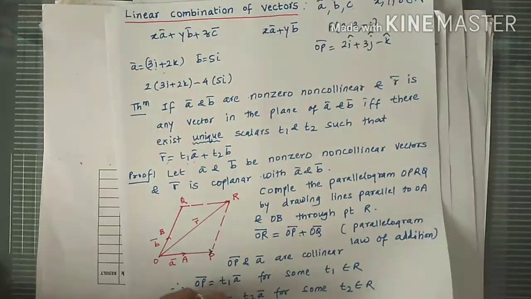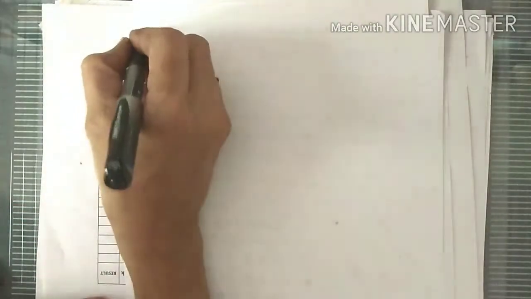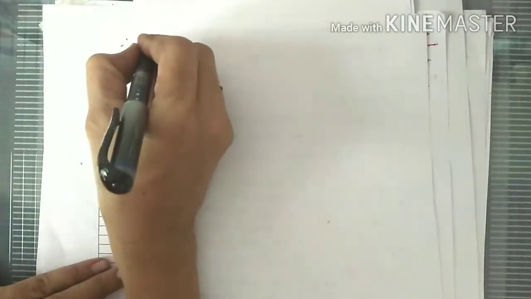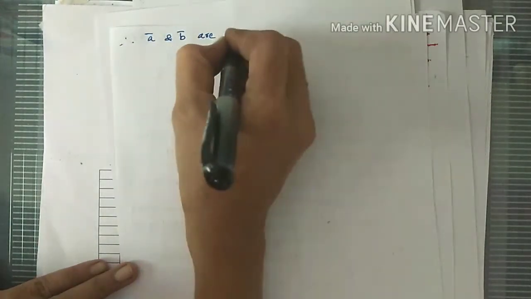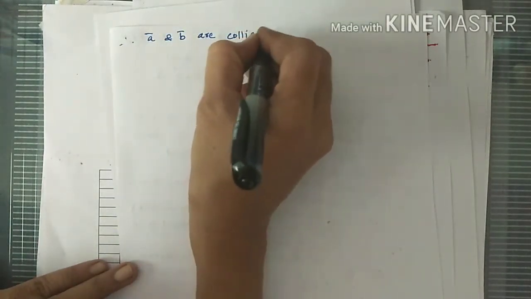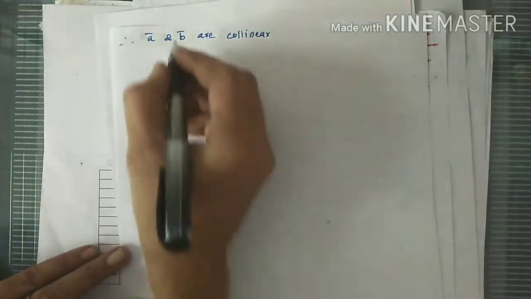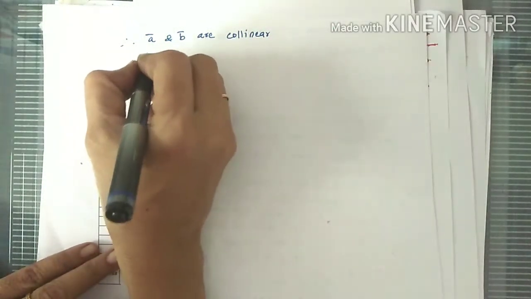Therefore, A bar and B bar are collinear. But in the statement, it is given that they are non-collinear, which is a contradiction.